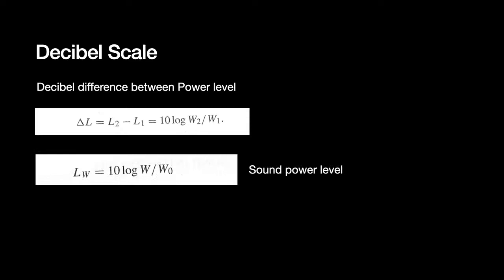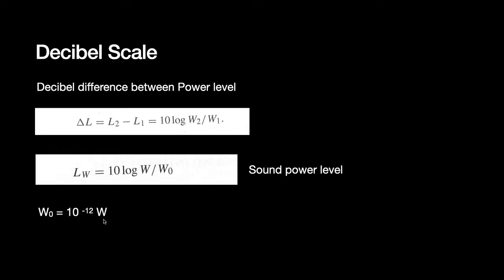So I can define power level by using something similar, 10 log W by W0, which is sound power level. W0 could be a reference value, and we normally take this reference value as 10 power minus 12 watt.